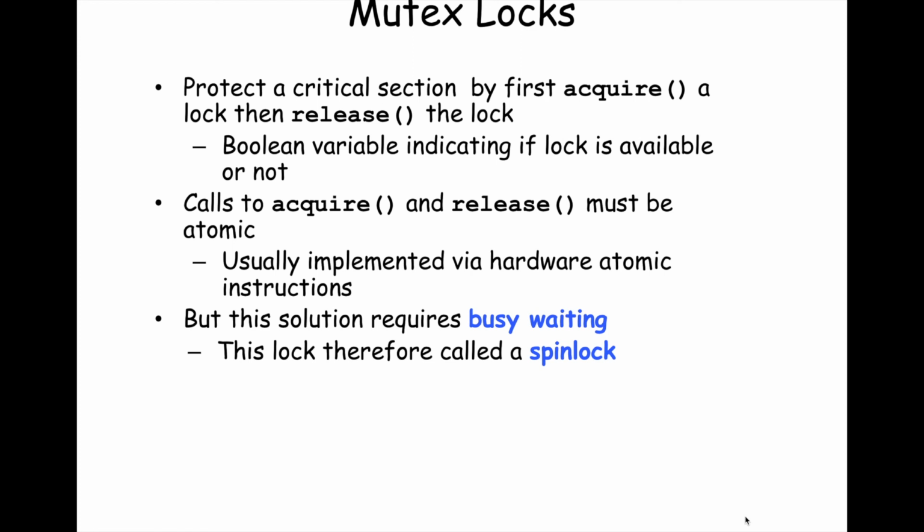The implementation of these functions, acquire and release, has to be atomic. So you're going to use the atomic instructions inside the definition of acquire and release because you want to make sure that these are not preempted, right? So the access to the lock itself, both the locking and the examination of the lock, is going to be atomic.